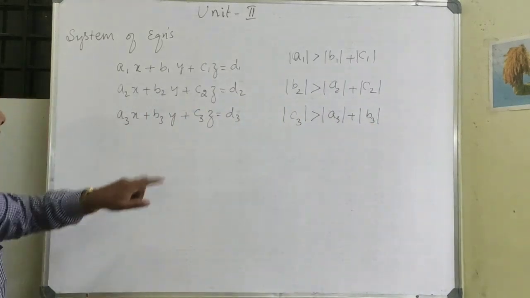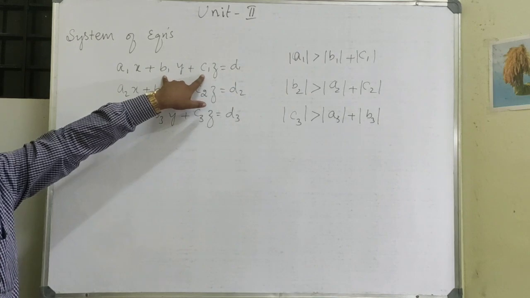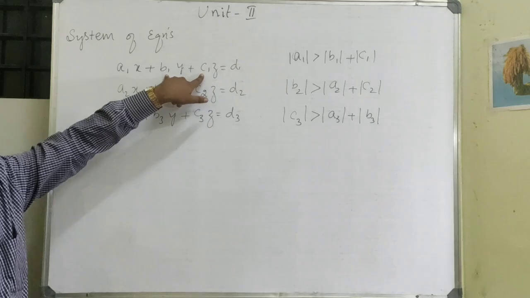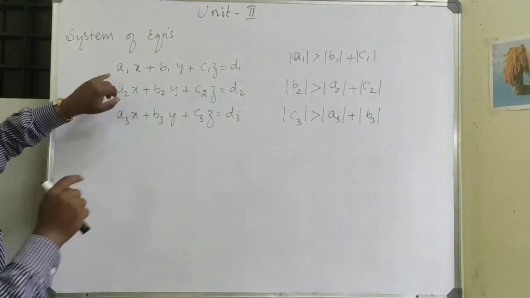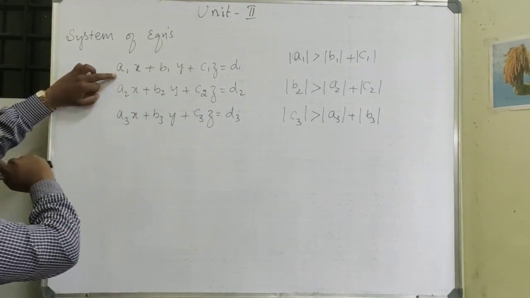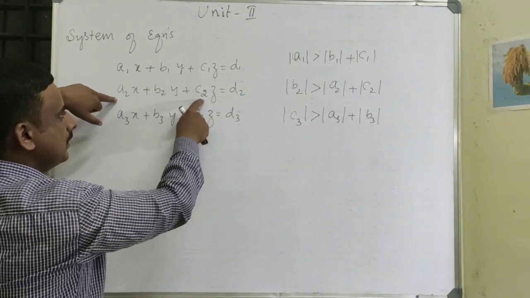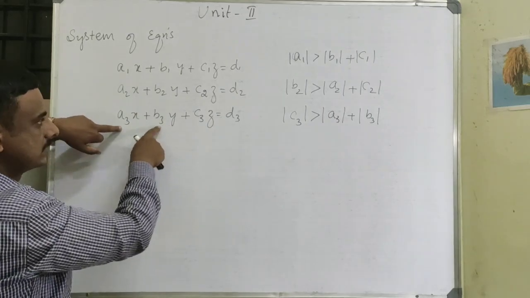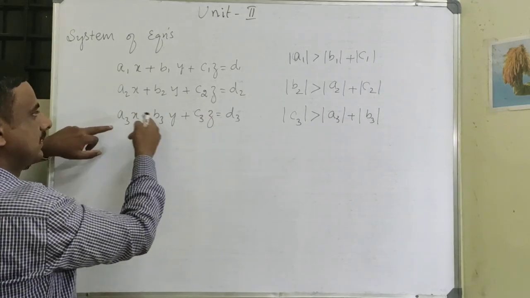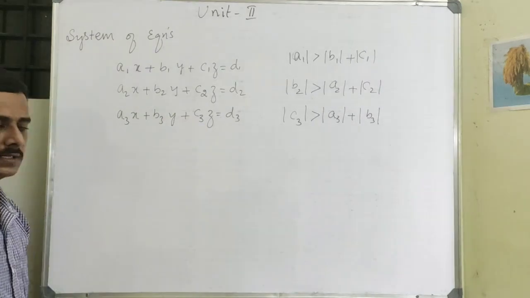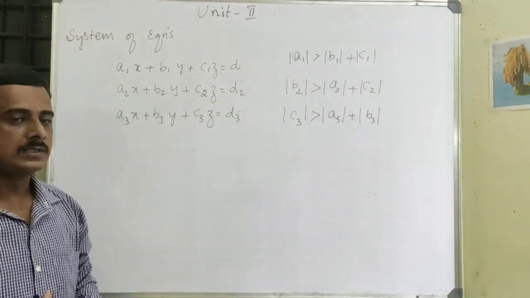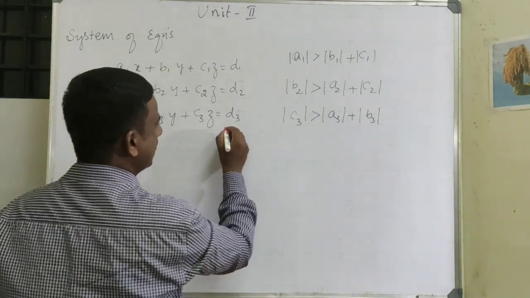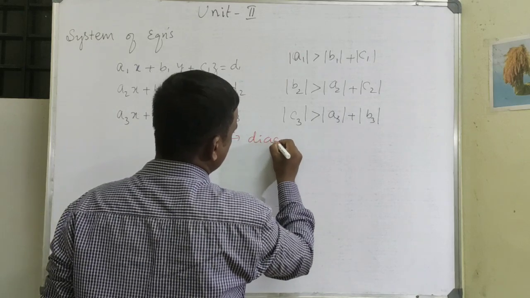That means, irrespective of their signs, whether positive or negative, the sum of these two numbers is less than the diagonal entry. The sum of a2 and c2 is less than the diagonal b2, and the sum of a3 and b3 is less than the diagonal c3. If this condition holds, then we say that this system of equations is diagonally dominant.